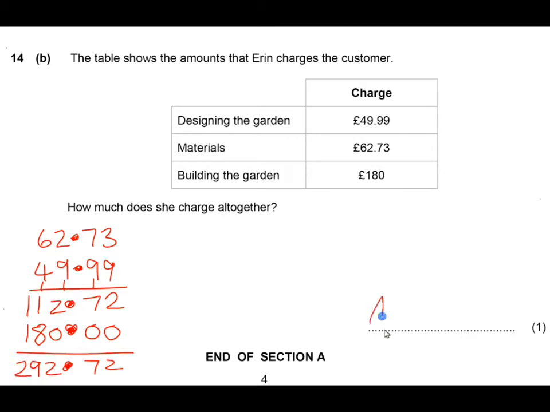And our final price for doing the garden is £292.72. And that's the end of section A.